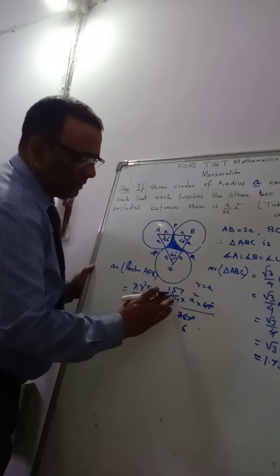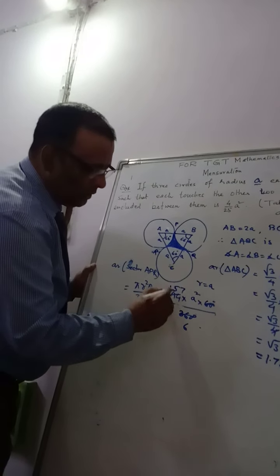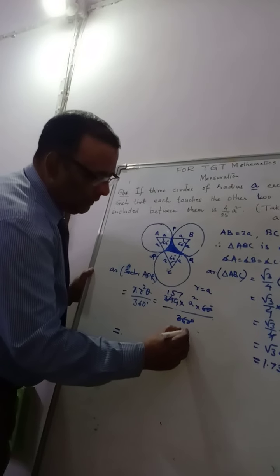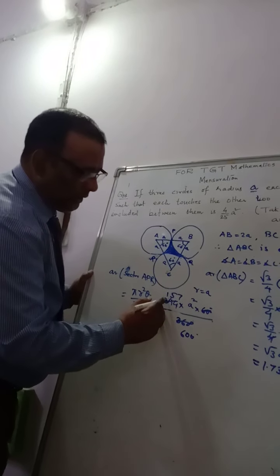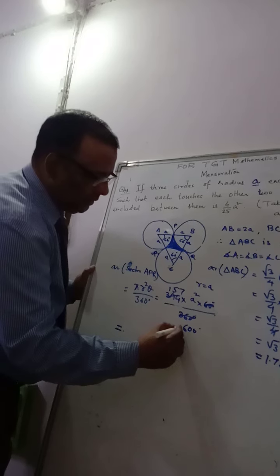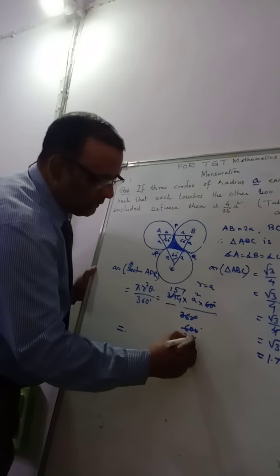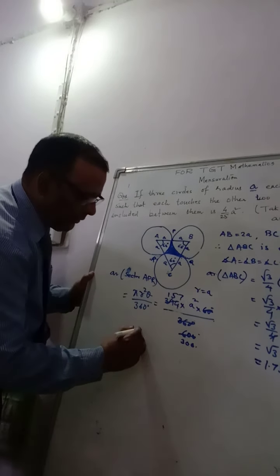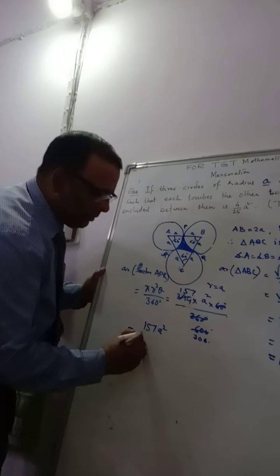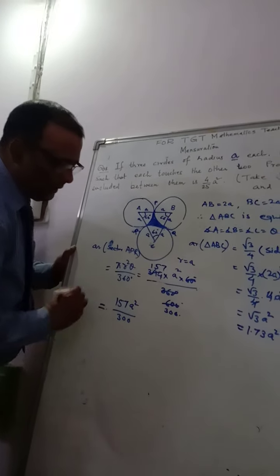So it is 3.14, and then we take two zeros and cancel out by 2, so it is 300. So we are getting 157 a square by 300.